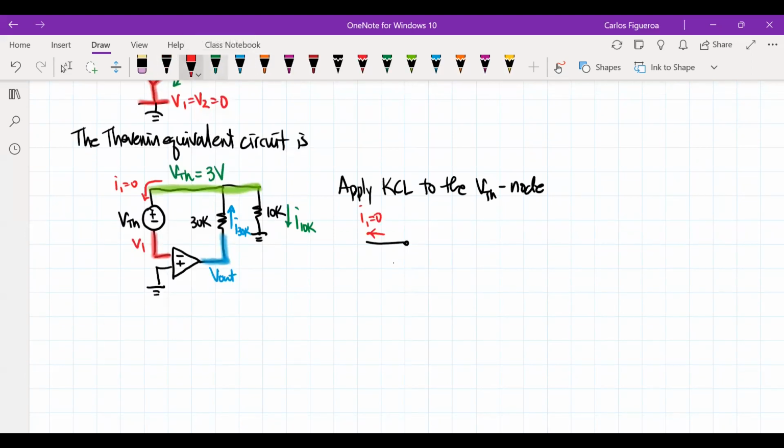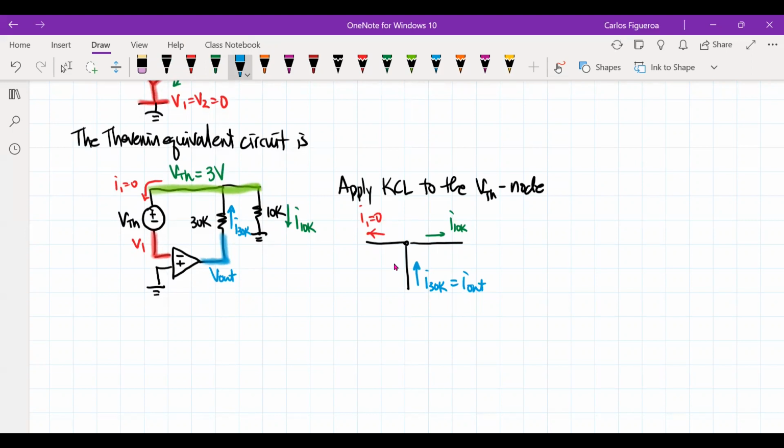I have a current that goes in this direction, that current here is the current of the 10K. And then I have this current coming up like this, and that's the current of the 30K, which is also the current of the output node.